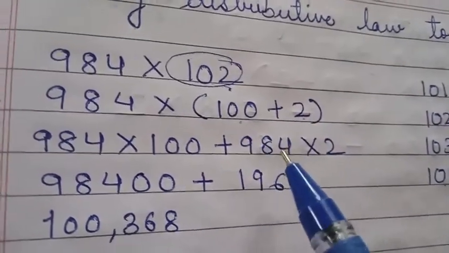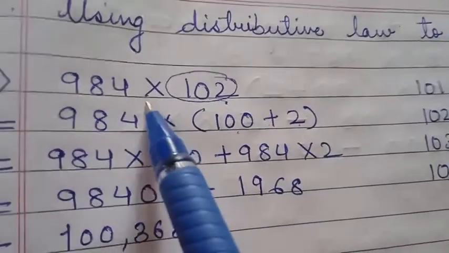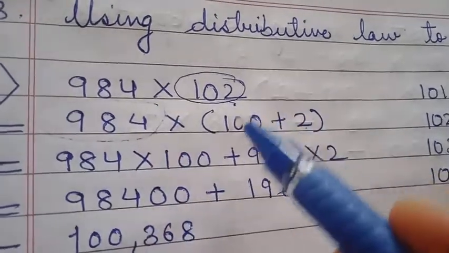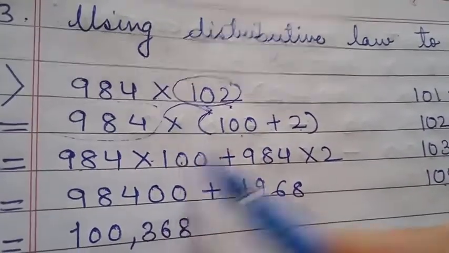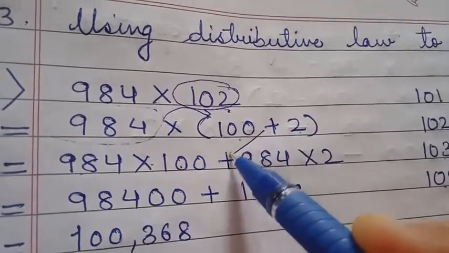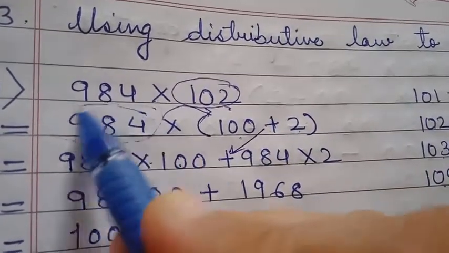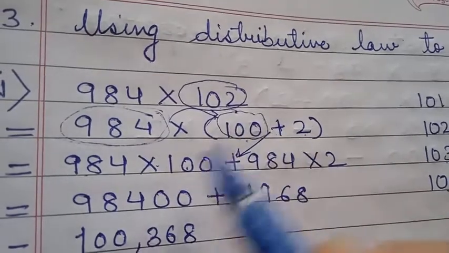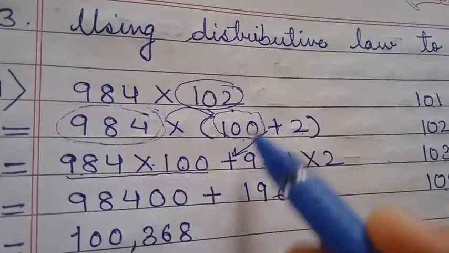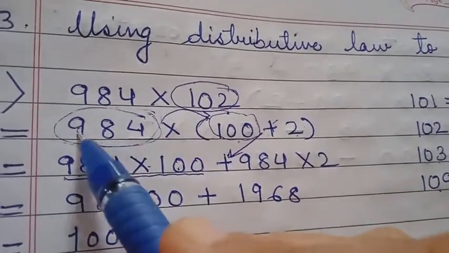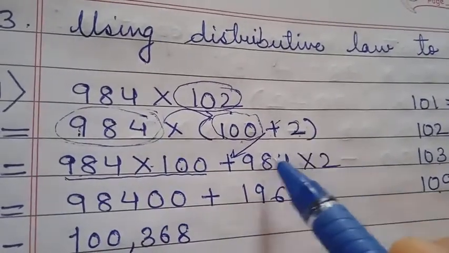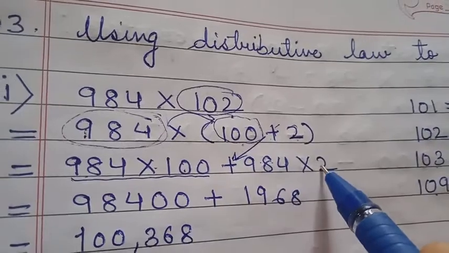Now by the distributive property, this 984 multiplied by 100, plus 984 multiplied by this 2. I have multiplied this with this and written it here, and this plus 984 multiplied by 2.